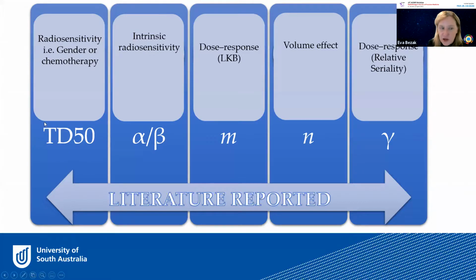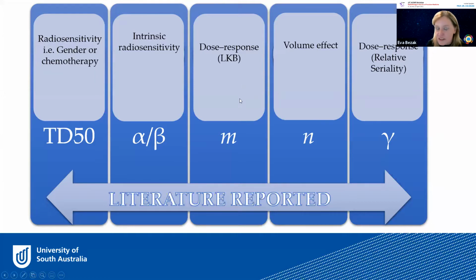When you are looking at TD50, I am changing individual radiosensitivity based on gender, or maybe that patient also has chemotherapy delivered to them, which makes them more sensitive to additional delivered radiation dose. I can model alpha beta ratios, looking at the intrinsic cellular radiosensitivity of that organ.